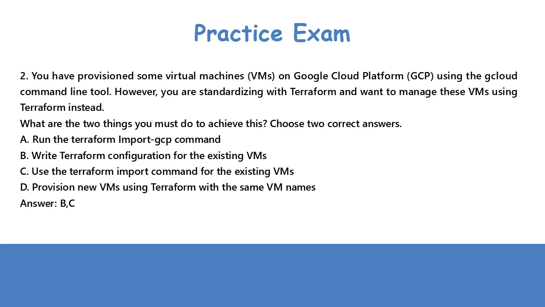Choose two correct answers. A. Run the terraform import gcp command. B. Write Terraform configuration for the existing VMs. C. Use the terraform import command for the existing VMs. D. Provision new VMs using Terraform with the same VM names.